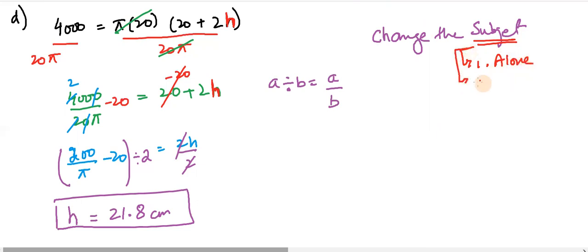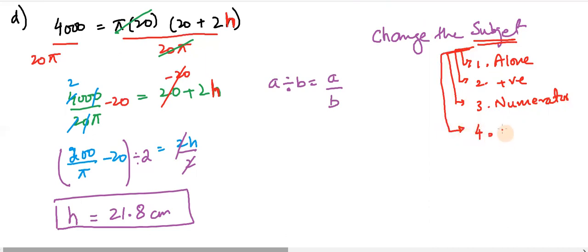Number two, it should be positive. Number three, it should be in the numerator. And number four, it should have power +1. All right, so these are the criteria that we meant here. It's alone on one side, it's positive, it's in the numerator, and it has power +1.